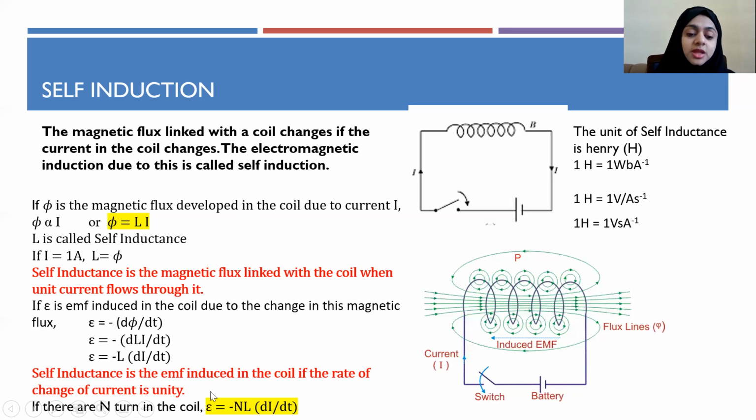So we can take only the unit of self-inductance, which is Henry. 1 Henry is equal to volt per ampere per second. So if I just rearrange this, per second, when it goes to the numerator, will become second and ampere will become ampere inverse. So 1 Henry is also equal to 1 volt second per ampere.